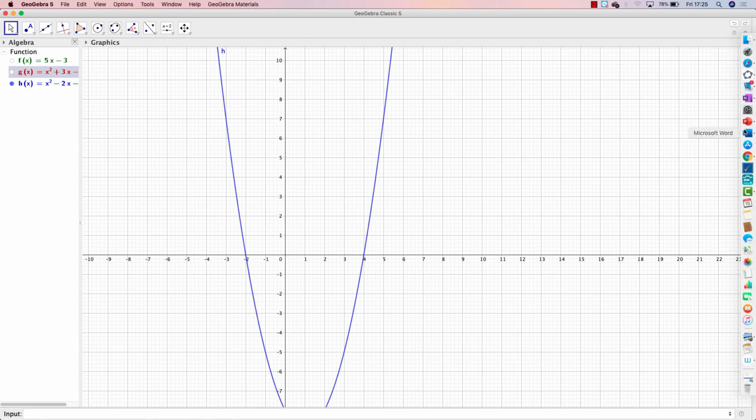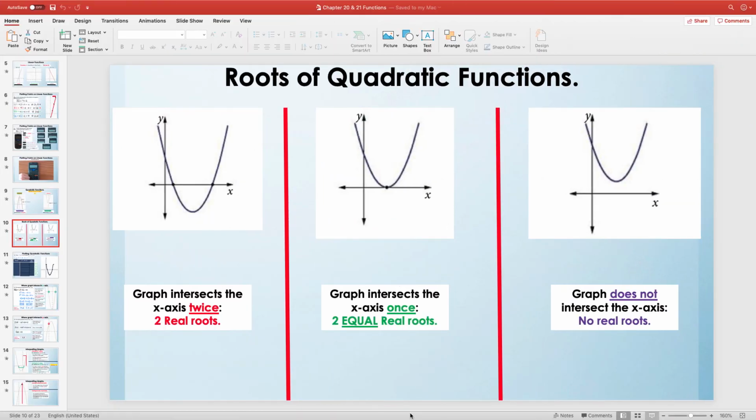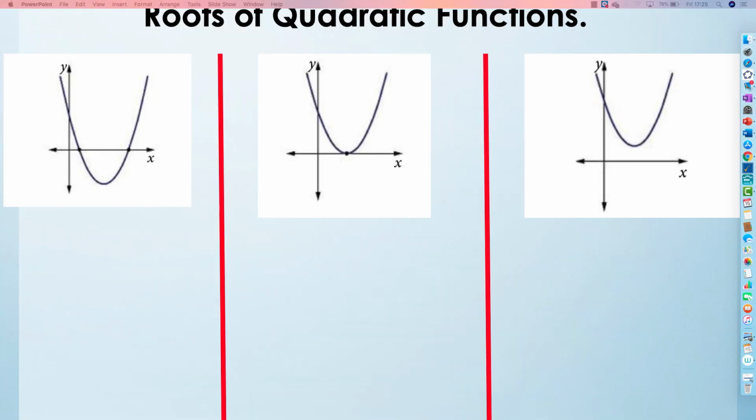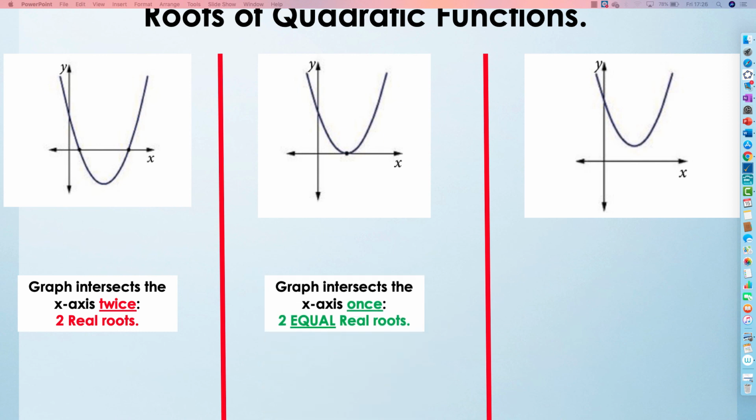So if we go back to our diagram, in our first one, we can see it goes down through the x-axis and runs back up, and our notes say that the graph intersects the x-axis twice, therefore it has two real roots. What that means is it has two separate roots, like in our example, minus 2 and 4. Now this one, very important because this comes up. What happens to our graph in the middle one?